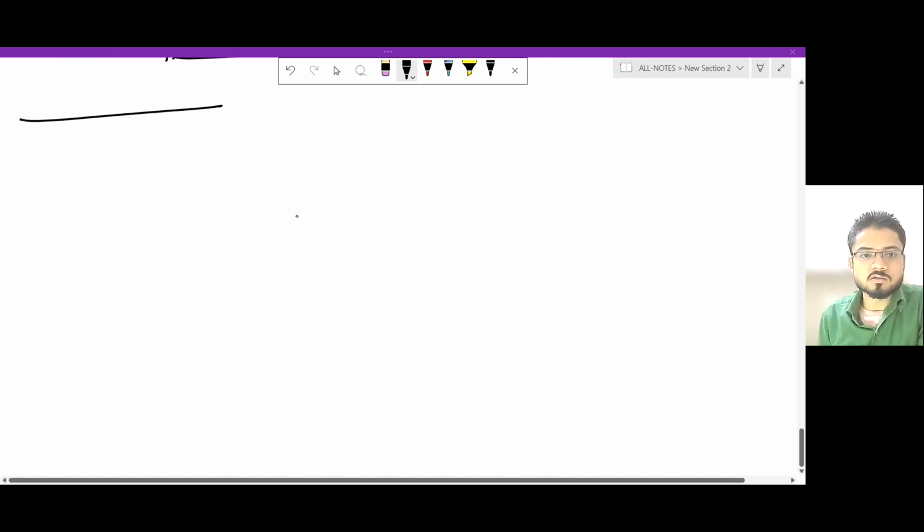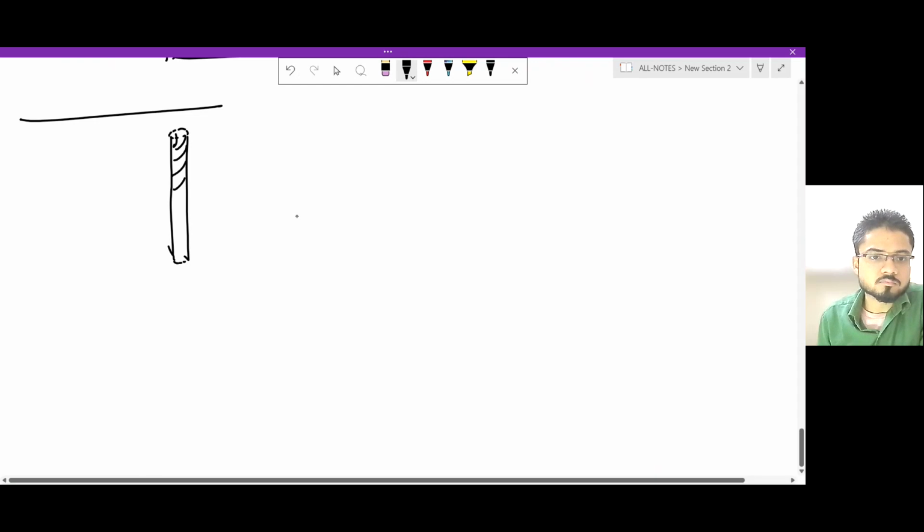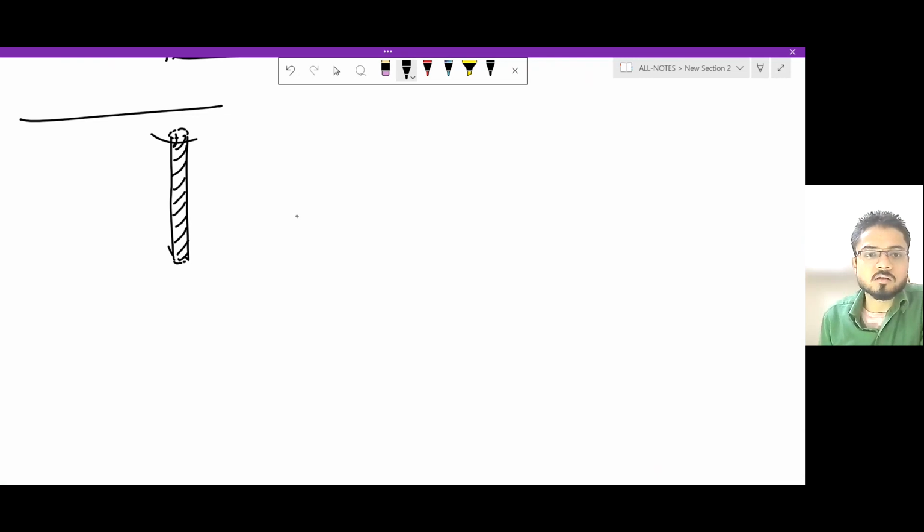everybody must have heard about electrical wires, right? Let's draw a wire. Let's assume that this is the copper wire, multiple strands twisted into one, and there is a certain insulation right here.